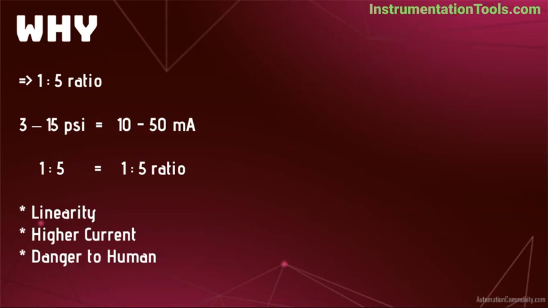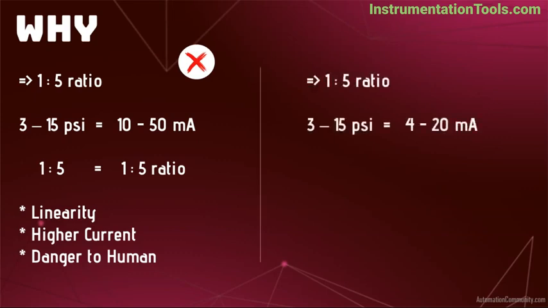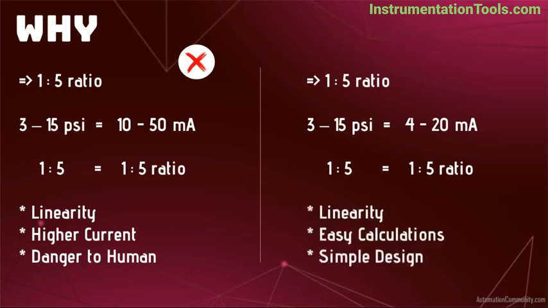As discussed previously, the higher signal range must be below 30 mA, so eventually, they stopped using the 10 to 50 mA range. Next, they had chosen 4 to 20 mA current as the standard signal range. It has an advantage of ratio 1:5.